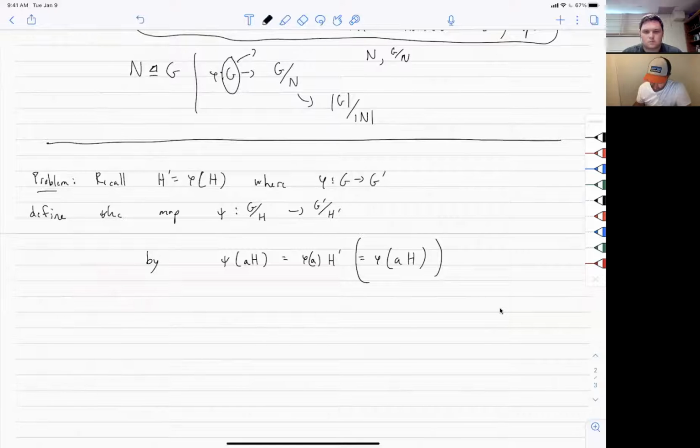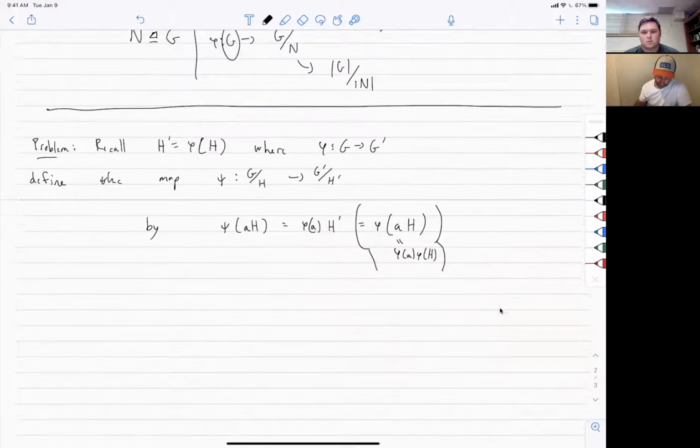So first of all, is this well defined? Yes, it's certainly well defined because H prime equals phi of H and because it's a homomorphism, right? You can see that this is equal to this because this is equal to phi of A, phi of H, but phi of H is H prime. So this is well defined.